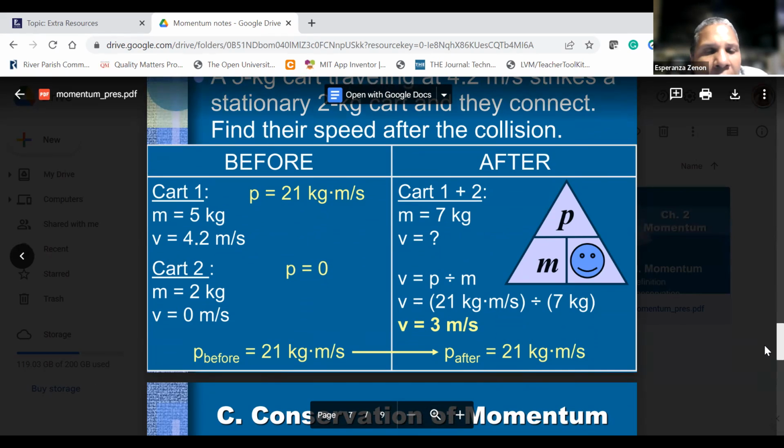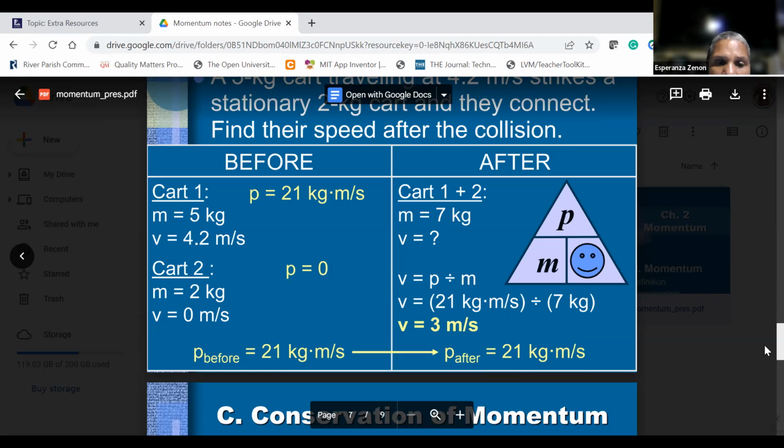So let's figure out the momentum for each object, add it together to get our total before. So the first cart has a mass of 5 kilograms and is moving at 4.2 meters per second. So we multiply that, 21 kilogram meters per second. Well, what about the second cart? Well, it has a mass of 2 kilograms, but they told us this was stationary, so its velocity is 0. So it doesn't have any momentum. If the velocity is 0, it's not moving, the momentum is 0 because v is 0.